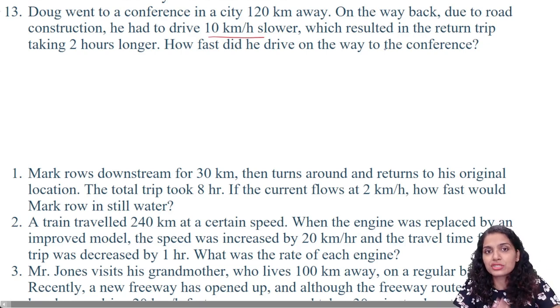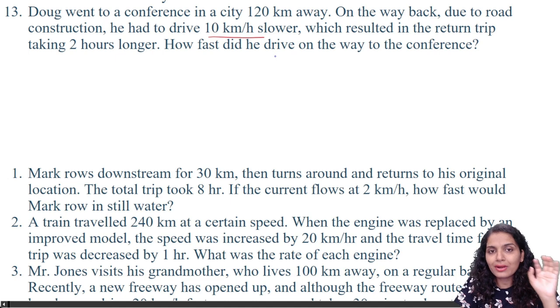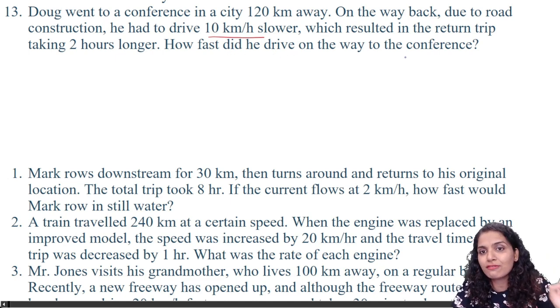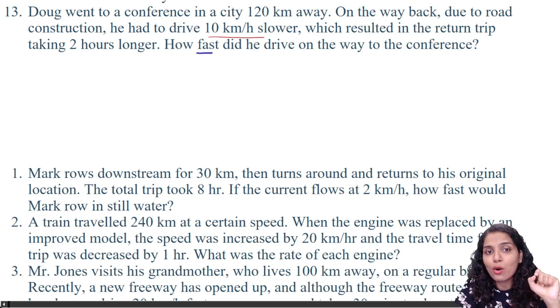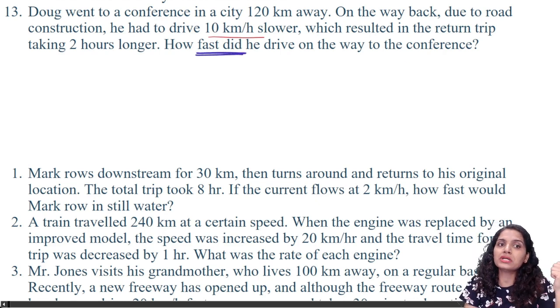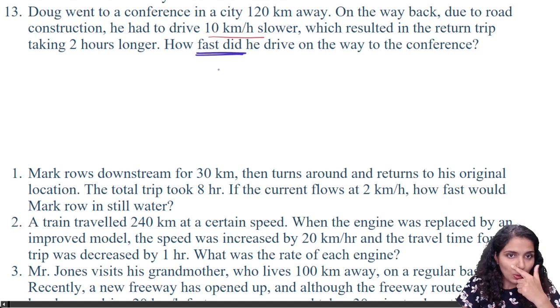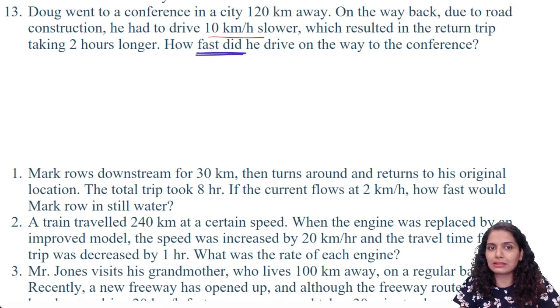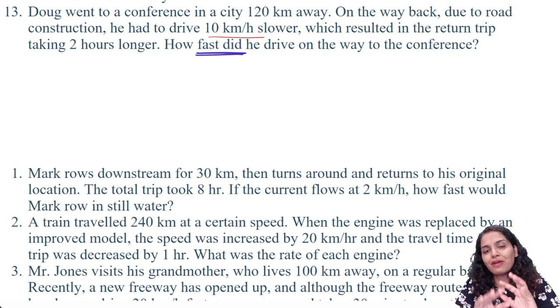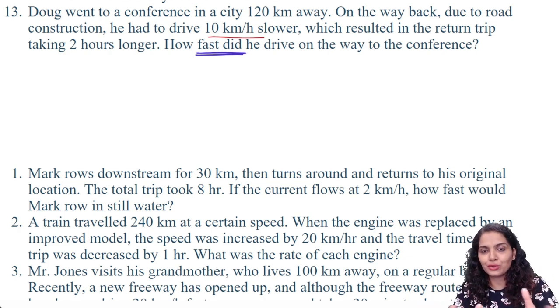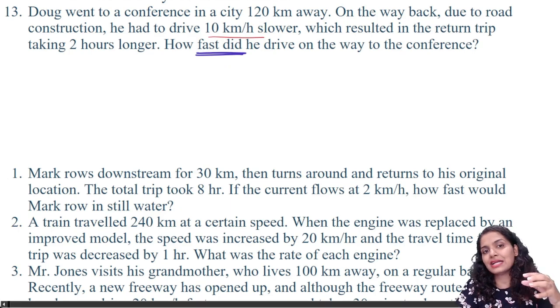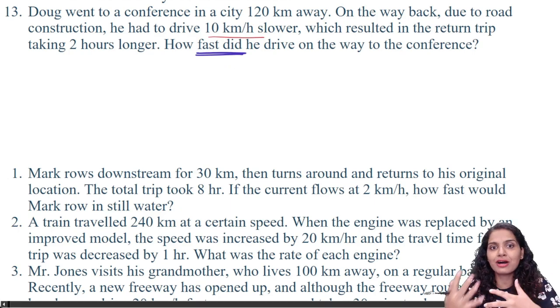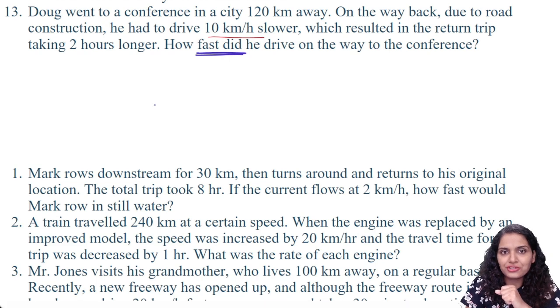Now, look at the last sentence. How fast did he drive on the way to the conference? How fast means they are talking about the speed. So it's a very key formula here, that whatever they ask you at the end, assume that to be the variable. So let us say that how fast, the speed of the person, is x.